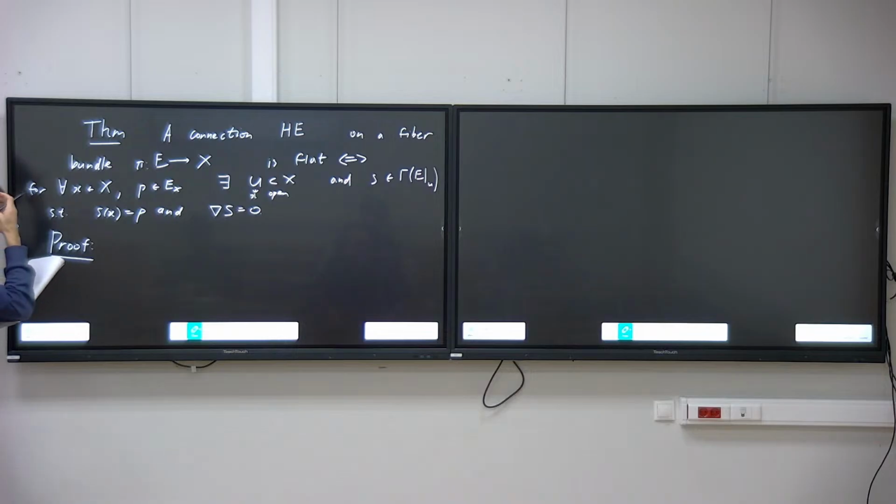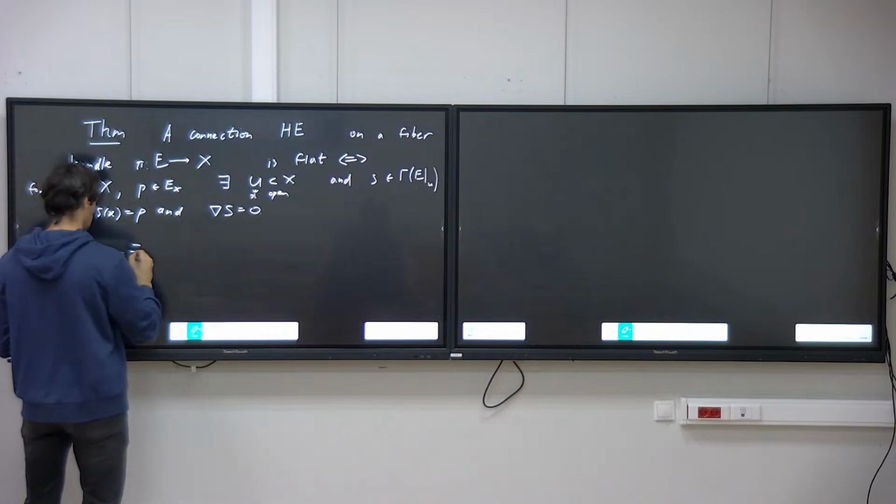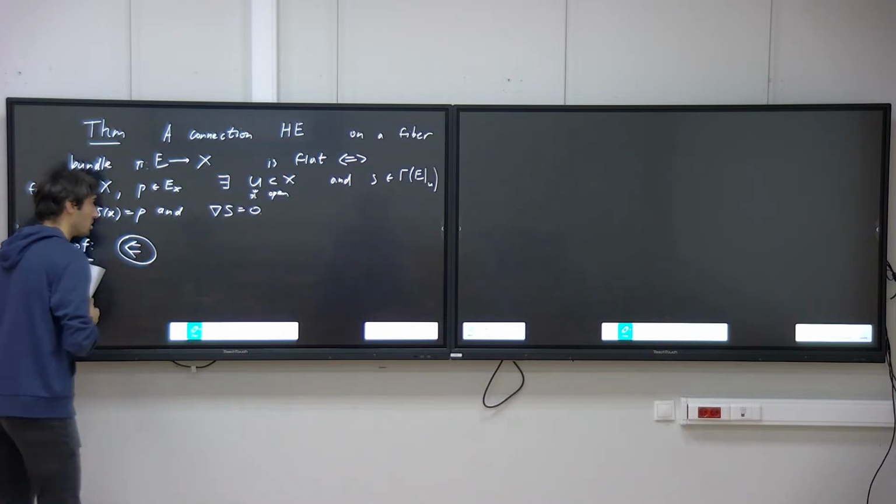So the "if" part, right, so the "if" part is this direction. So let's prove this direction.